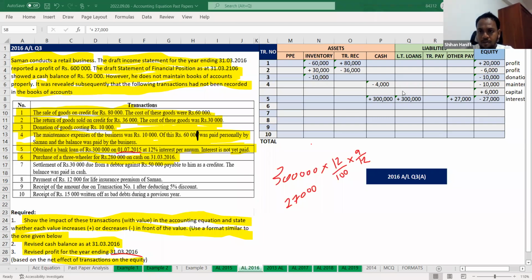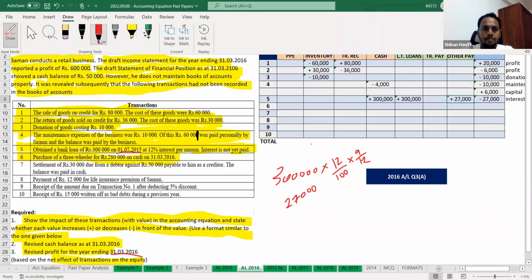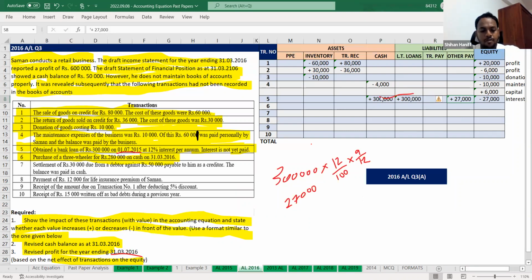There is a question, so can you explain it again? Yeah. Now, there are two transactions in the previous one. One is obtaining the loan. The entry for obtaining the loan is cash increase and the long-term loan increase. That is the loan amount. Then you calculate the interest, 27,000. Then the interest is payable.